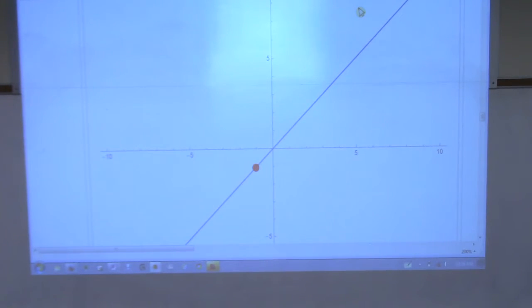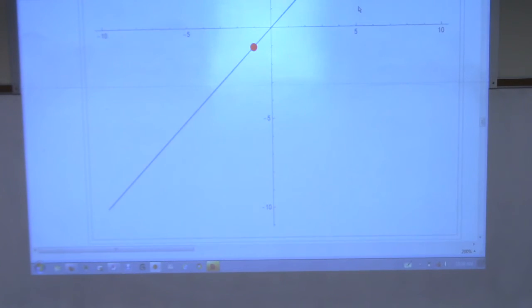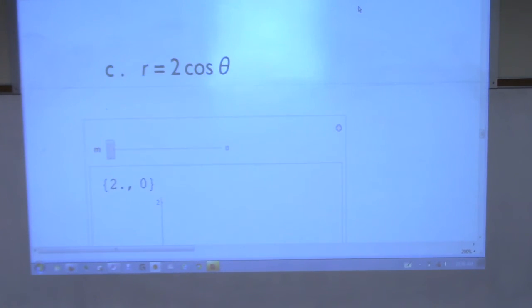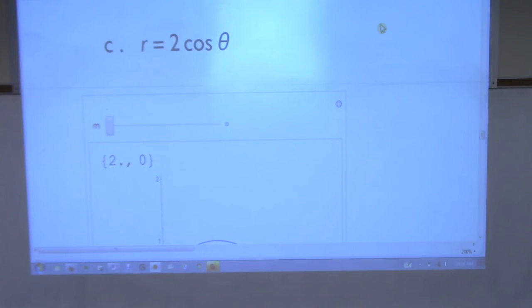Question: could you make r a function of something, and then theta a function of something, and create spirals or possibly helixes if you add a third coordinate? I think you're talking about 3D though.